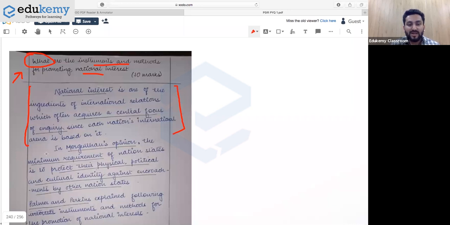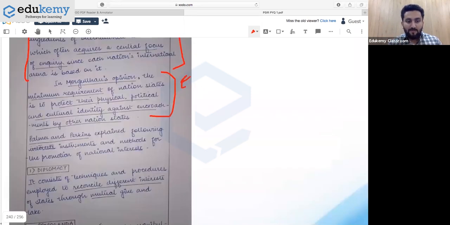In Morgenthau's opinion, the minimum requirement of nation states is to protect their physical, political, and cultural identity against encroachment of other nations. So what this answer is doing is presenting a basic view about national interest, what it is, and then supplementing it with the views of a scholar.